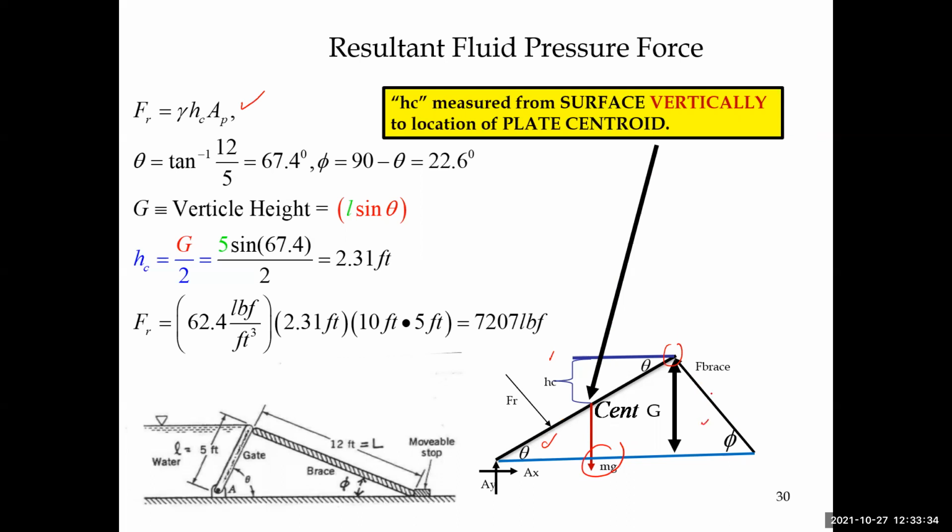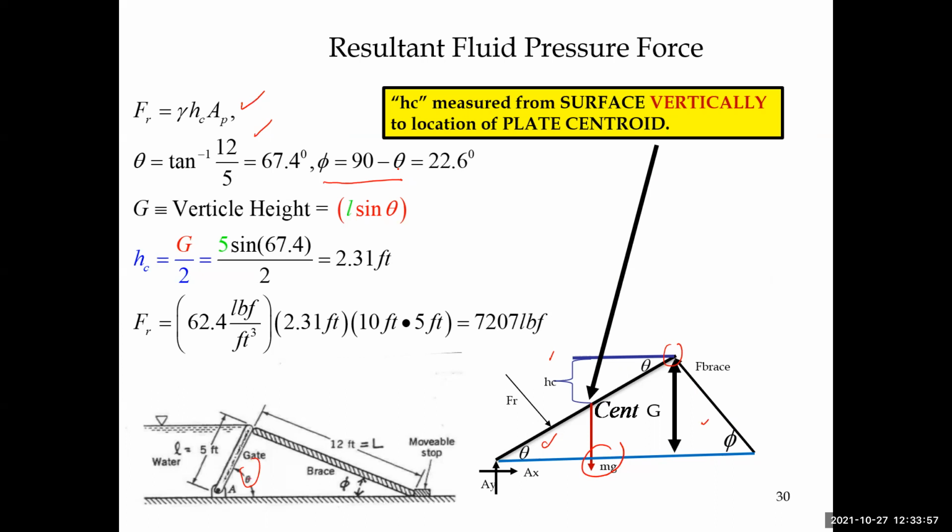From geometry, I know that theta is equal to the arctangent of 12 over 5. And phi from geometry is 90 minus theta. So theta is 67.4 degrees and phi is 22.6 degrees.